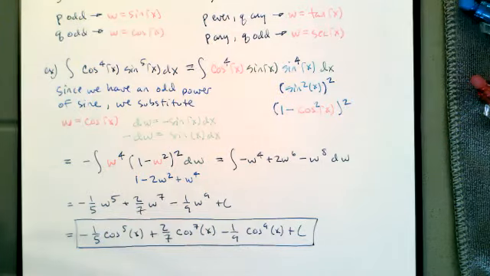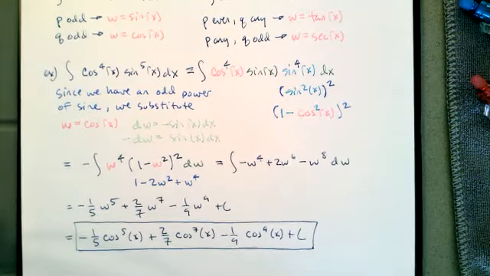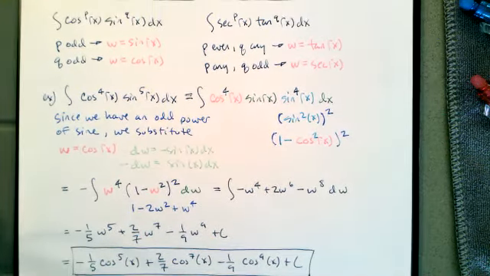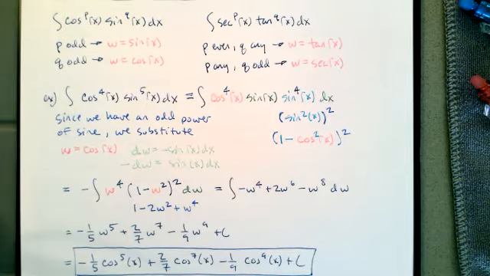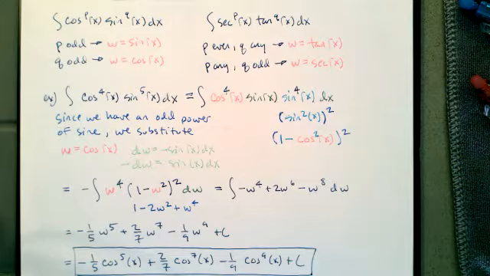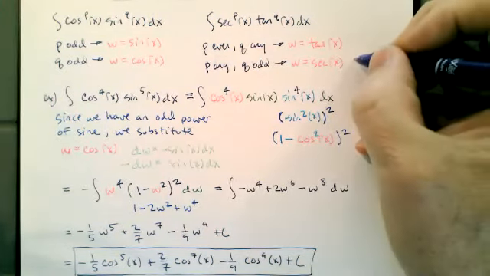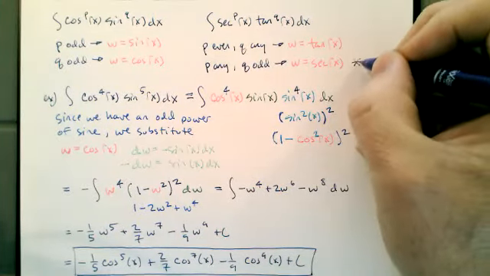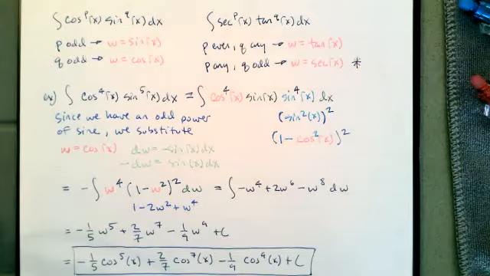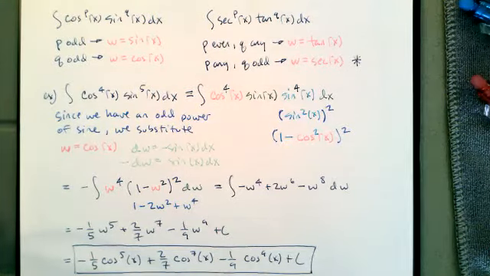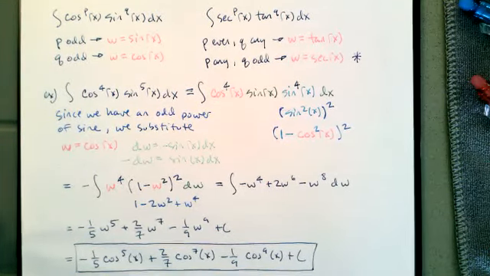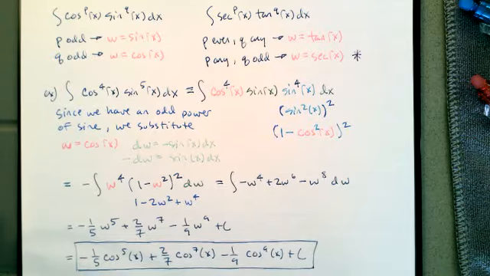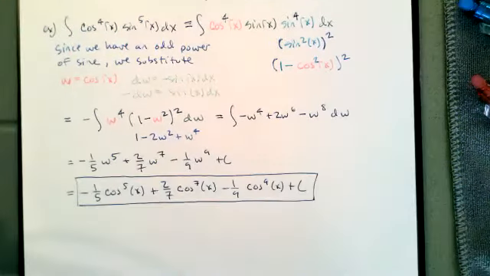So one thing that we should observe is that an odd power of tangents also means an odd power of sines. So we should make a note of that. An odd power of tangent, since tangent is sine over cosine, can be converted to an odd power of sines.